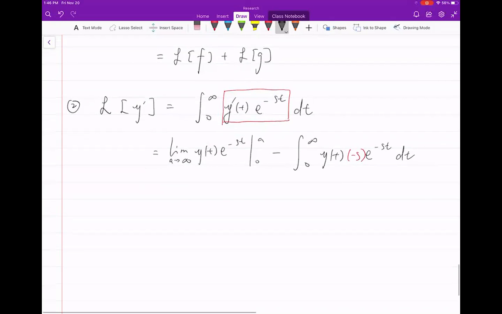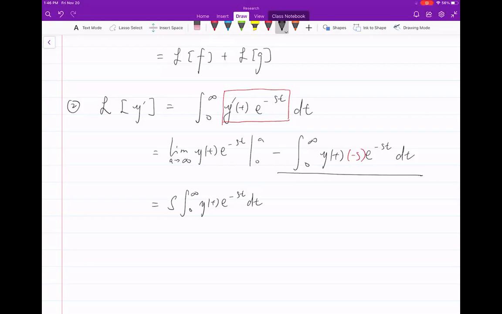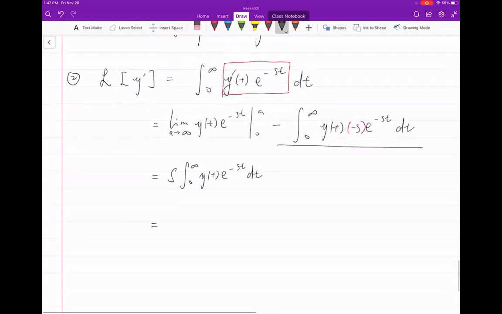Okay, now let's clean things up a little bit. Number one, I want to move this one to the front. Notice it's an integration with respect to t. That means you can treat s as a constant. That's why I put s in the front. And what is that?